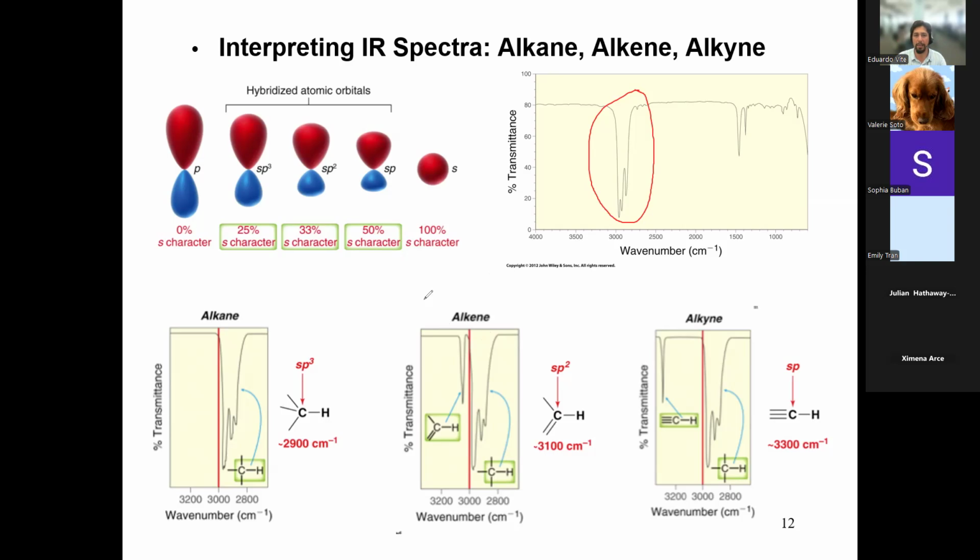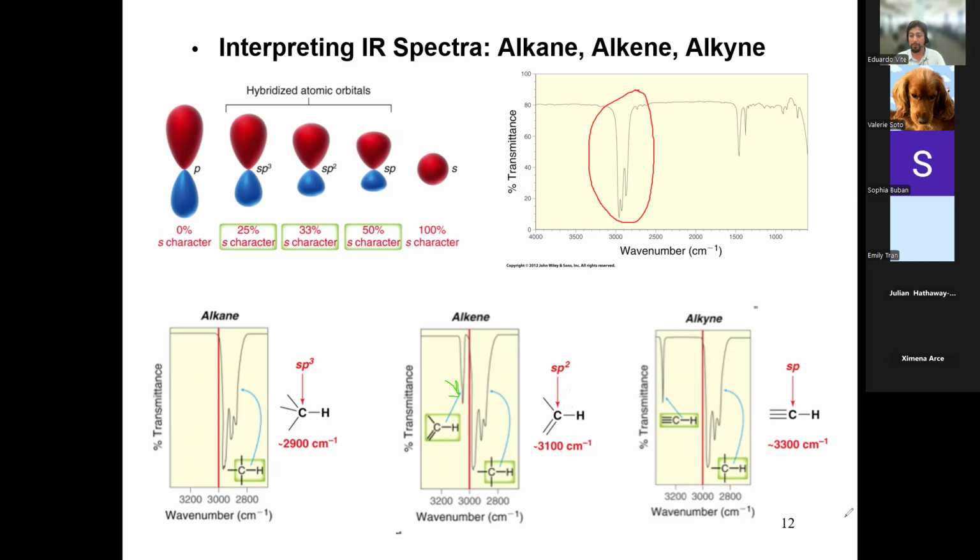So if you look at this middle example, you have your carbon-hydrogen medium sharp peak at about 3100. And that is because this is sp2 hybridized. sp2 means you have a carbon double bond somewhere. And because it's a little bit of a stronger bond, it's going to take a little more energy to vibrate it. And that explains why the peak is a little bit more to the left.